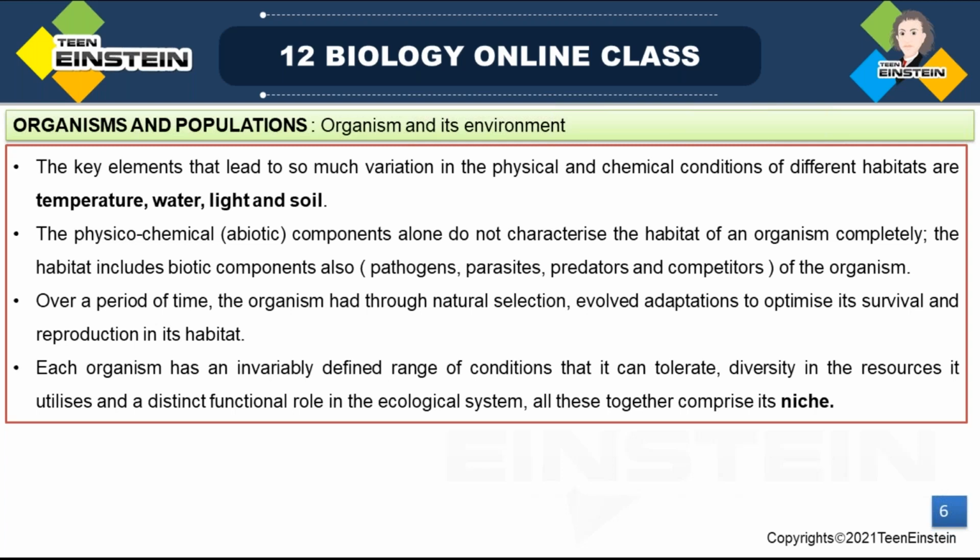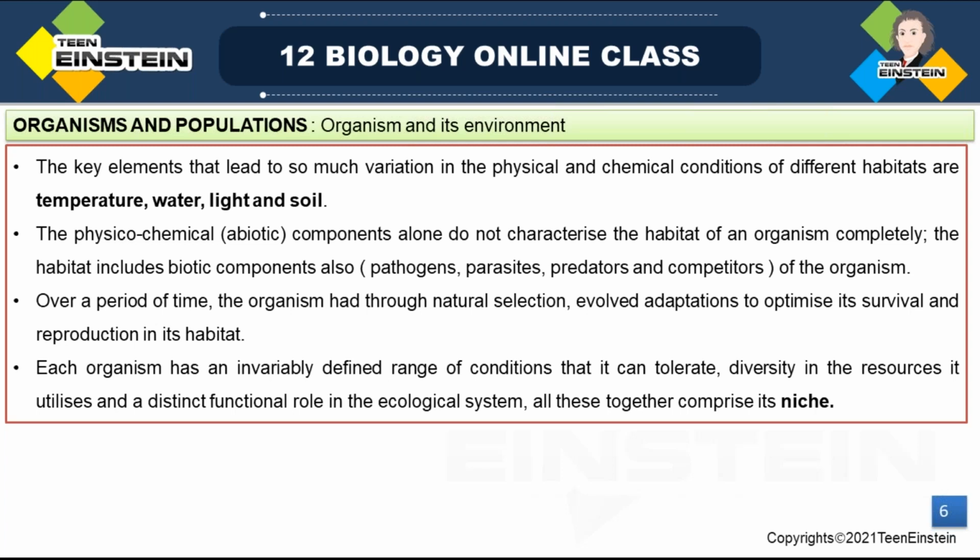So that forms through natural selection, right? And they will evolve. The survivors will have different kinds of adaptations which make them survive under different conditions, adaptations to optimize for maximum survival.